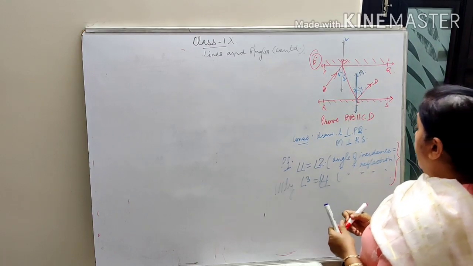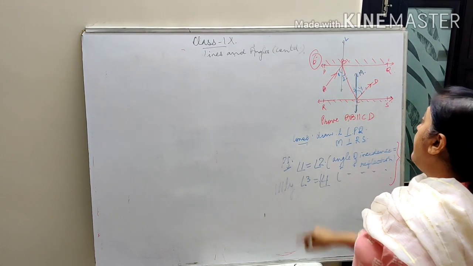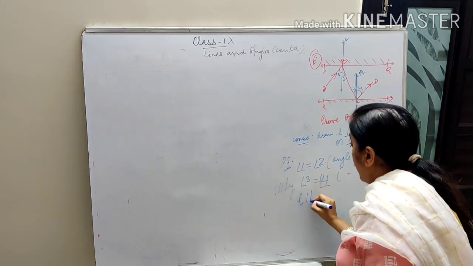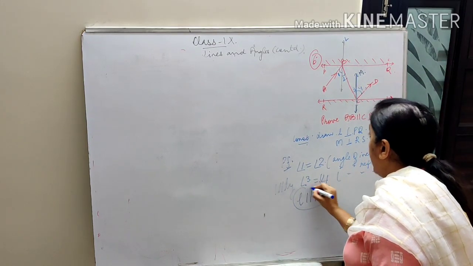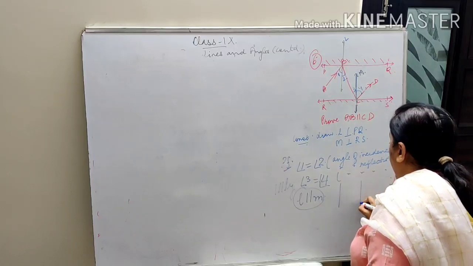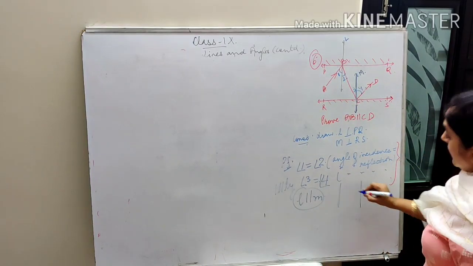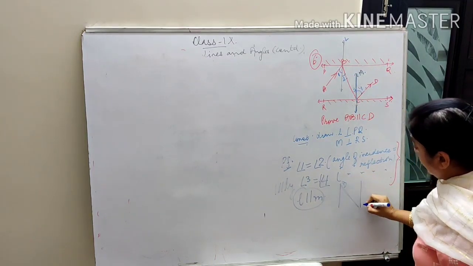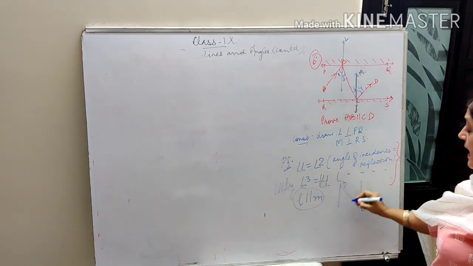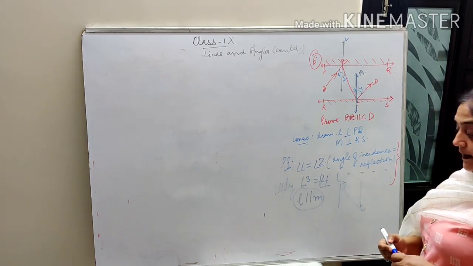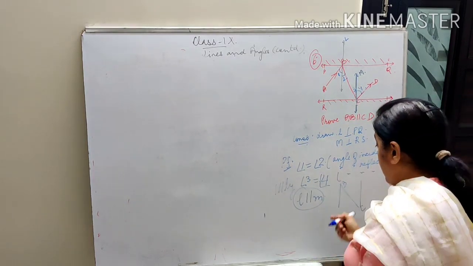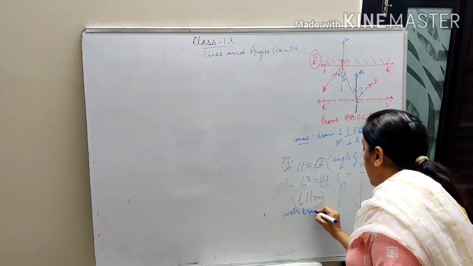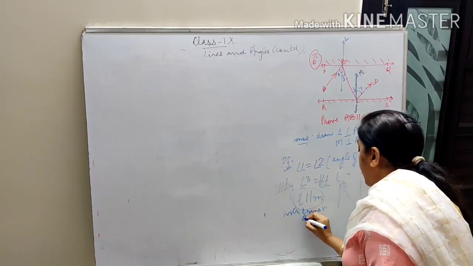Now please see, if L and M are perpendicular lines, then L is parallel to M, right? These two are parallel lines cut by a transversal. If you check BC, L and M are the parallel lines cut by the transversal BC.